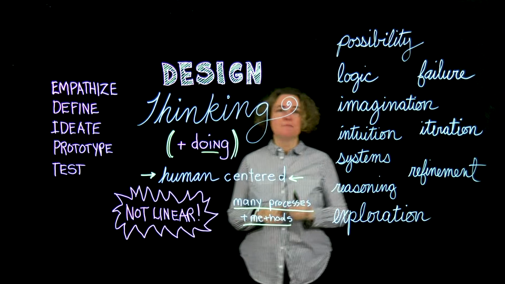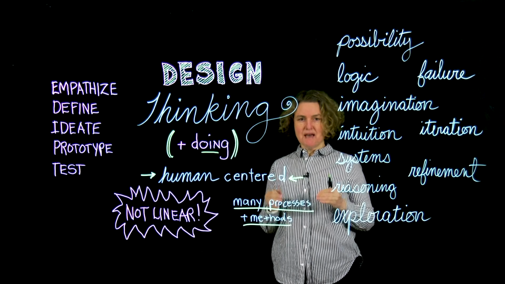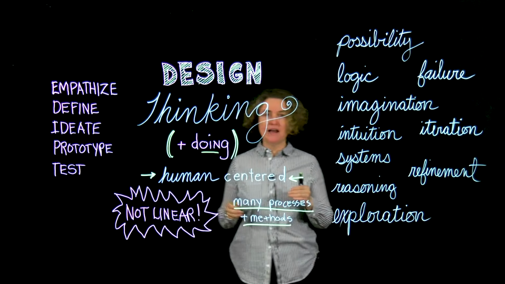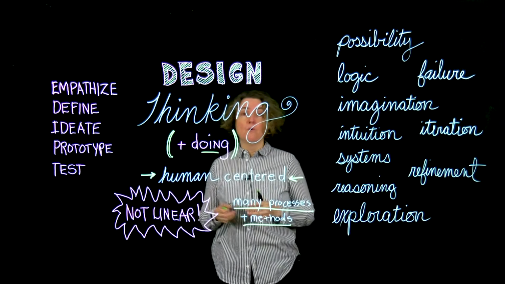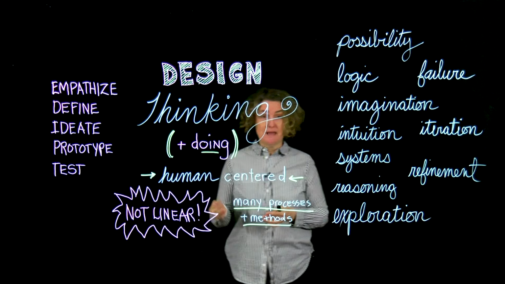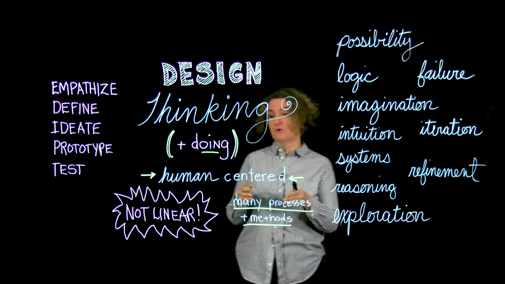We're not just thinking, but we're actually actively integrating all kinds of methods and processes to create innovative products, whether it's websites, mobile applications, or physical products, books, magazines, whatever it is that we're researching or producing in our coursework.